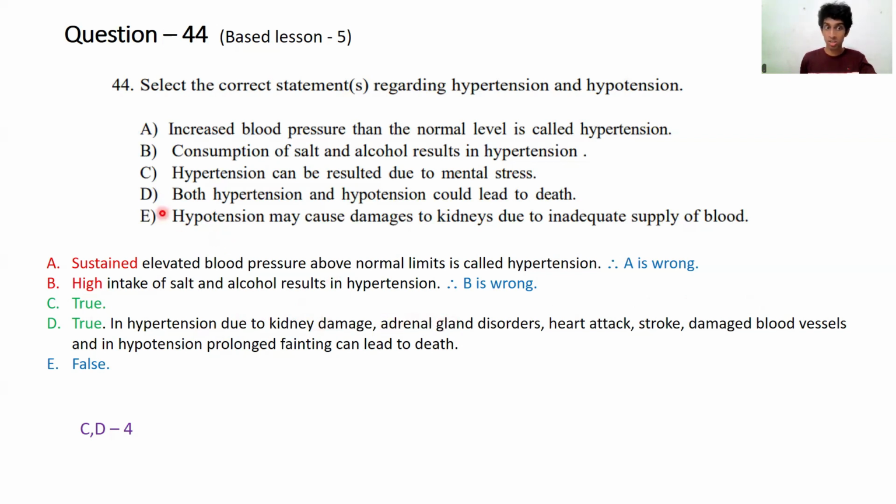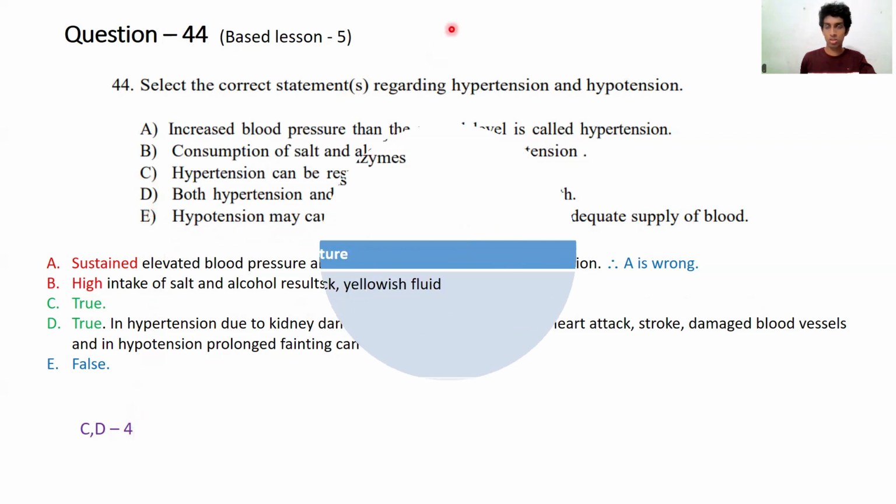Therefore, D is correct. E. Hypotension may cause damages to kidneys due to inadequate supply of blood. No, that is false. Hypertension may cause damages to kidneys. So the correct statements are only C and D. So the correct answer is 4.